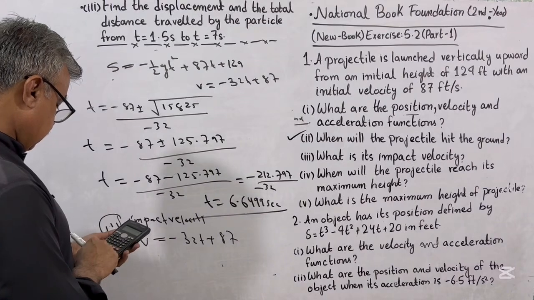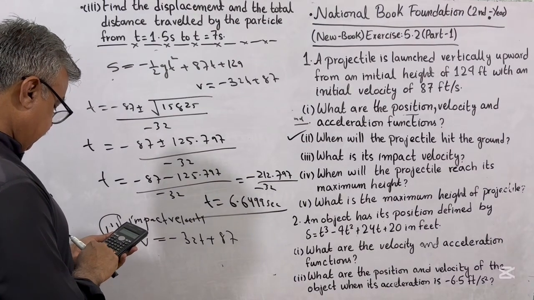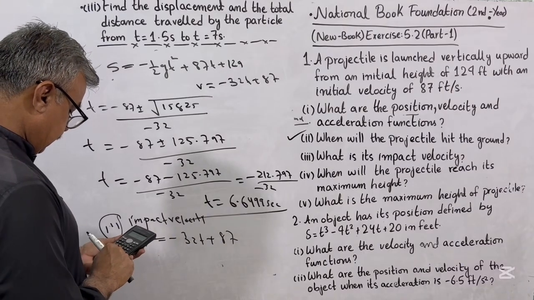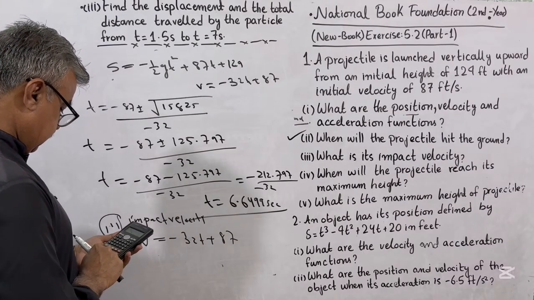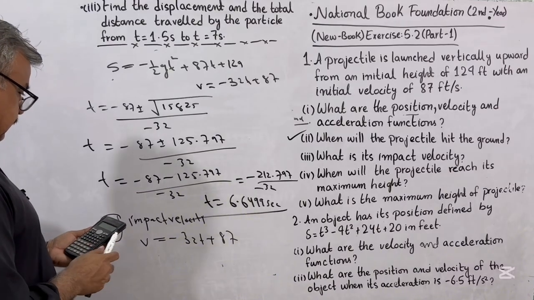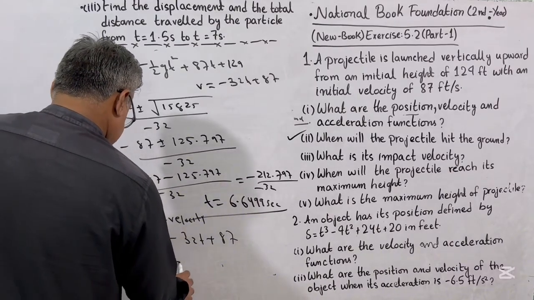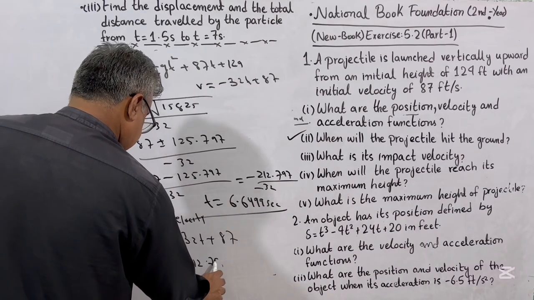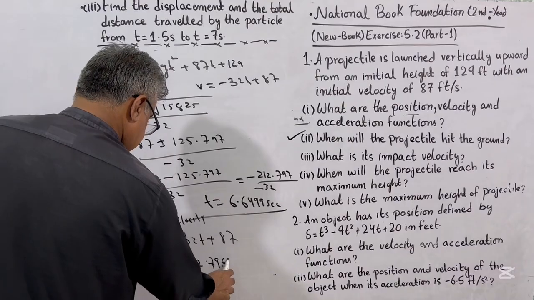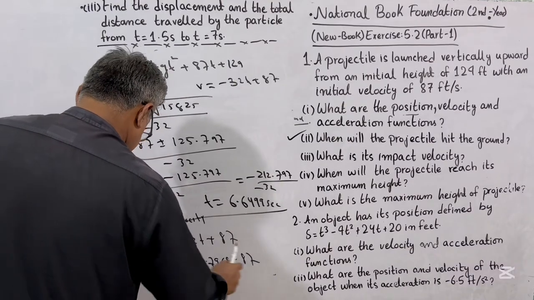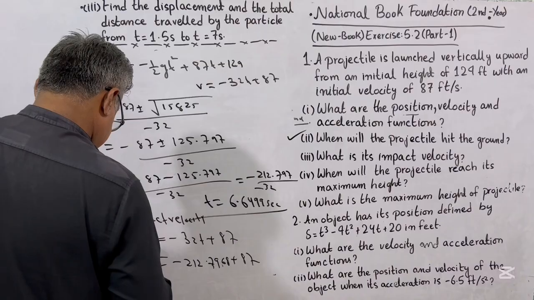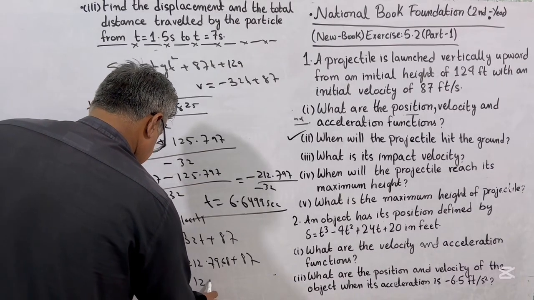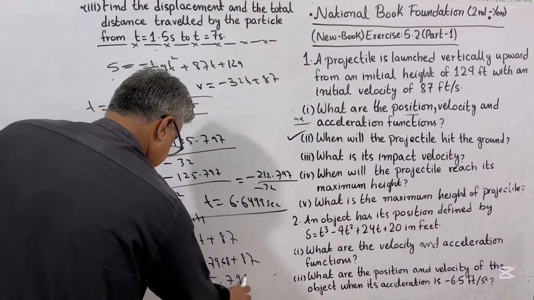Okay, we have 32 times 6.6499. I had written 5 first, sorry, 99. Yes, it is minus 212.7968 plus 87, so our v is negative 125.7968.